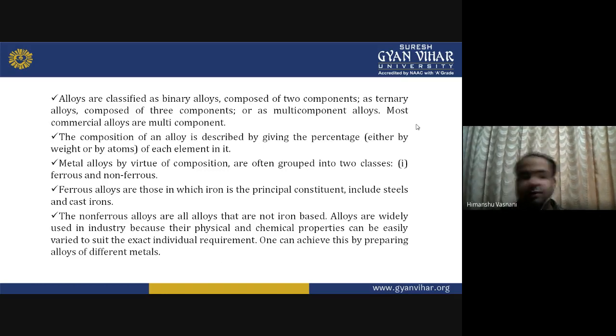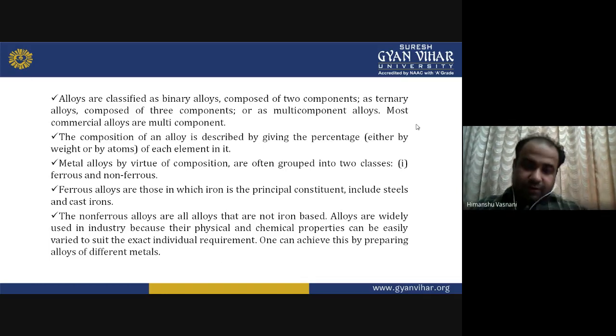Metal alloys, by virtue of composition, are often grouped into two classes: ferrous and non-ferrous. The ferrous alloys are those in which iron is the principal constituent, including steel and cast iron. Non-ferrous alloys are those that are not iron based.